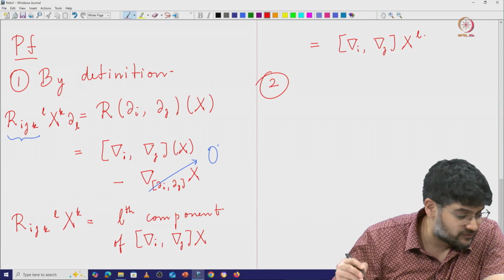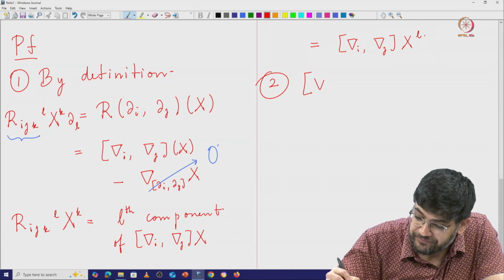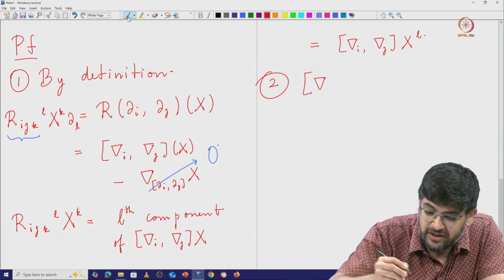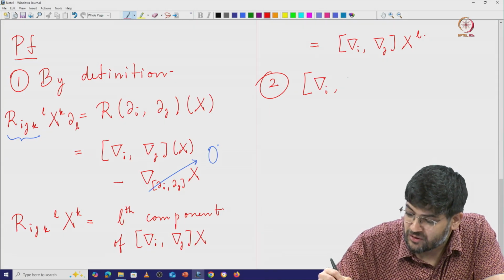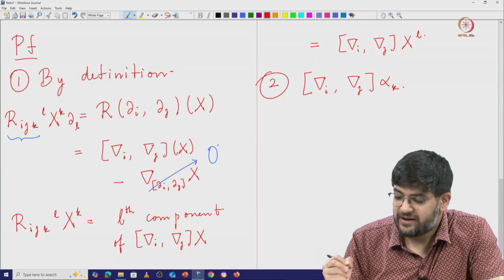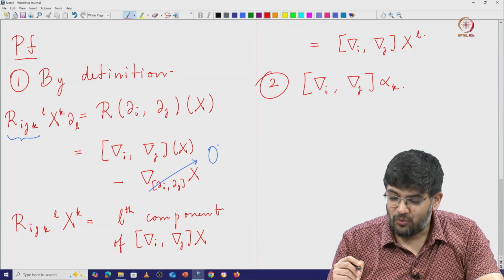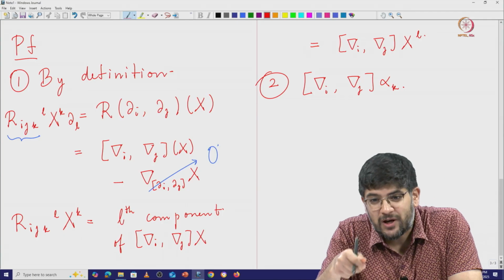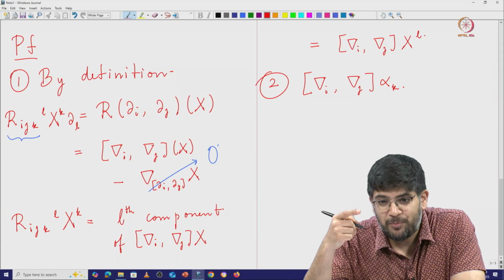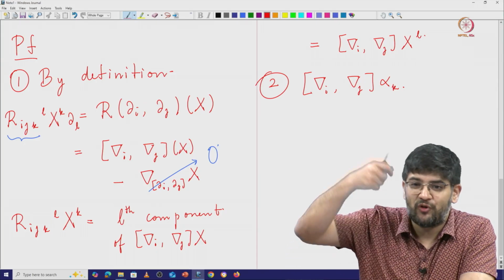Alright, so how do you prove the second part? For the second part, let us compute the commutator on alpha_k. I already know how to calculate this commutator on vector fields. So using my sharp operator, I am going to go from a one form to a vector field.